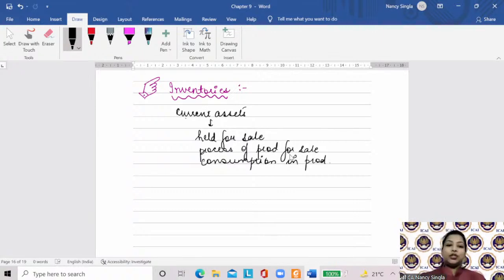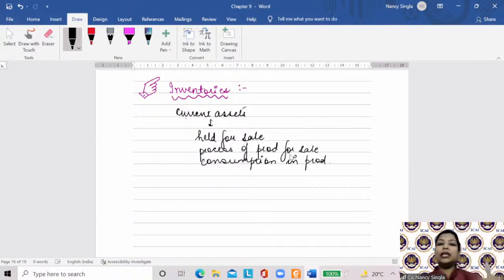Okay. So what are inventories? See, inventories are your current assets. They are very much current assets, which are either held for sale in the ordinary course of business or in the process of production for sale, that is, I can say finished goods or the work in progress, or for consumption in the production of goods and services, that is the raw material.